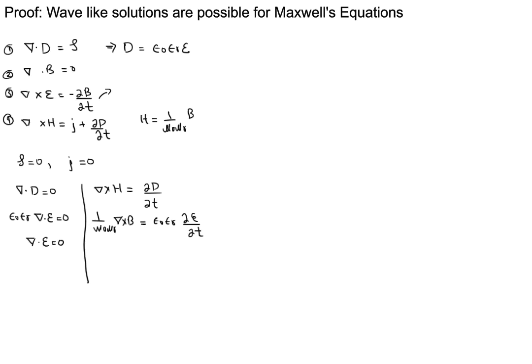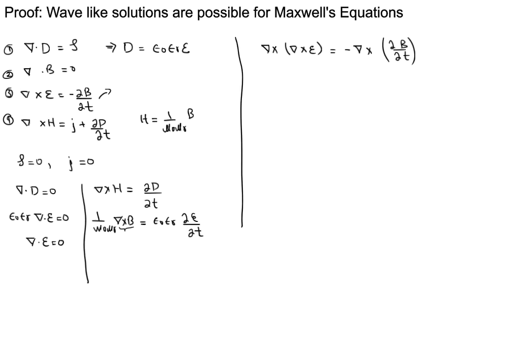Now we have this third equation, and from it we can take its curl. Why are we taking its curl? Because here we have the magnetic field, and we need the curl of the magnetic field. So let's take the curl of this third equation, and what we are going to get is curl of the electric field equals minus curl of partial B over partial t.